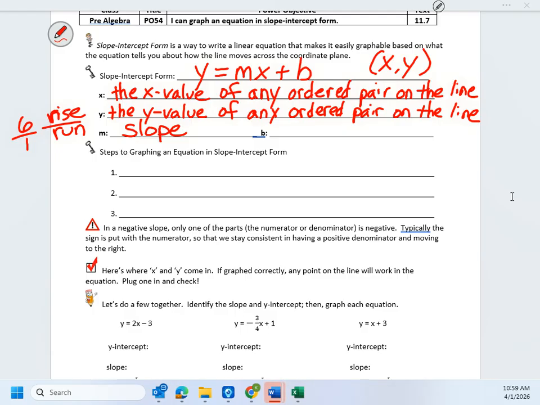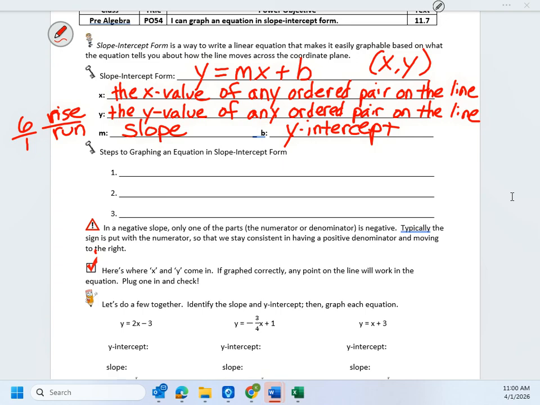Okay? So if they just give you a whole number for that m spot, we know that that run is a 1. The b is our y-intercept. So that's where it crosses the y-axis.